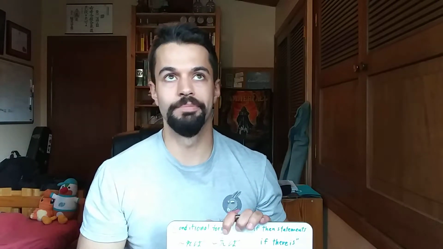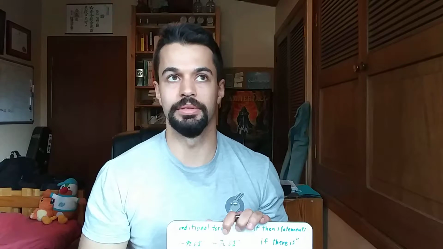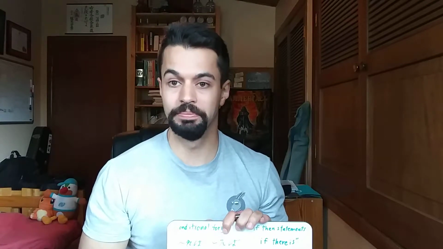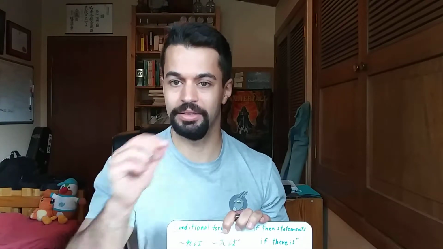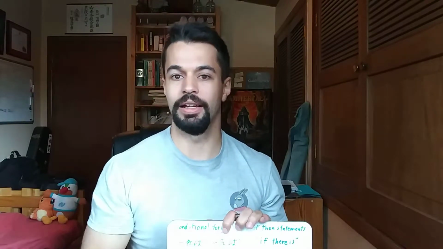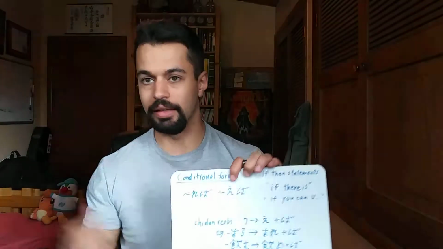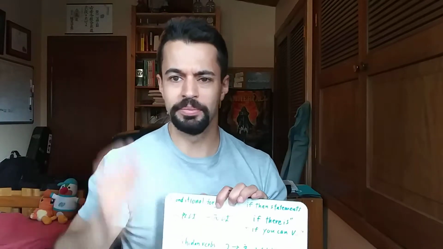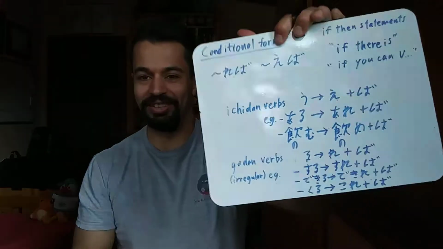Or tatsu, to stand up. Tatsu, tachimasu. And then if you change that to conditional form, it'll be tateba. So tsu becomes te, and then put ba on the end. If you stand up, then something else will happen. I don't know, you'll get hit on the head or something. Okay, moving on.